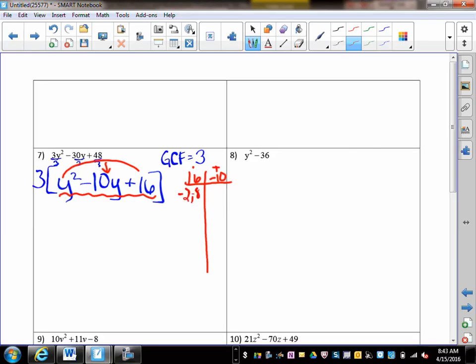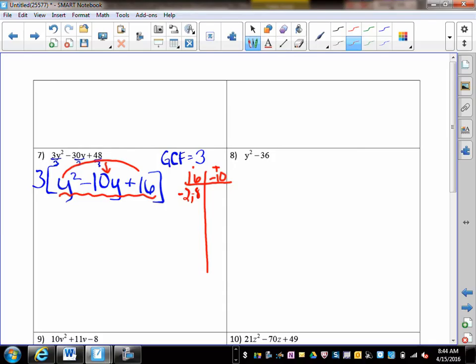Now I agree with you that in the beginning my leading coefficient was not 1, it was 3, right? But now since I'm only factoring this guy, what's my leading coefficient? 1. So I actually can do the shortcut here, because 3 is my GCF. He's just hanging out in front.